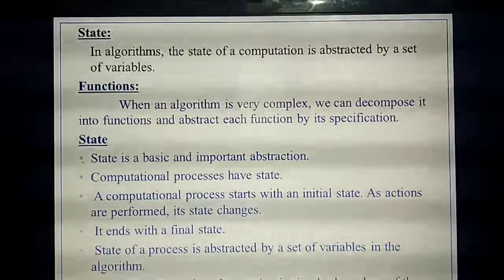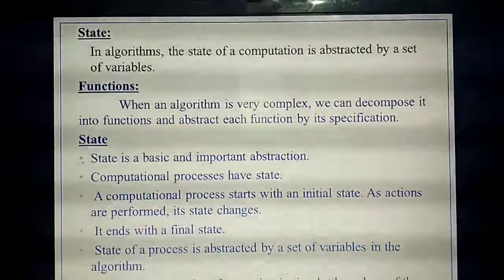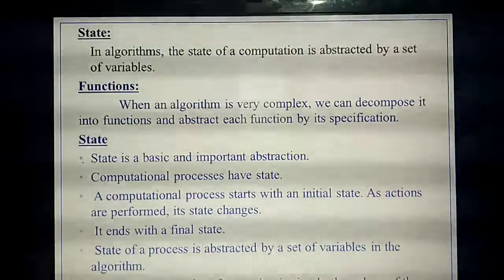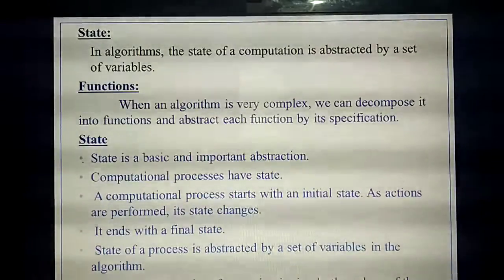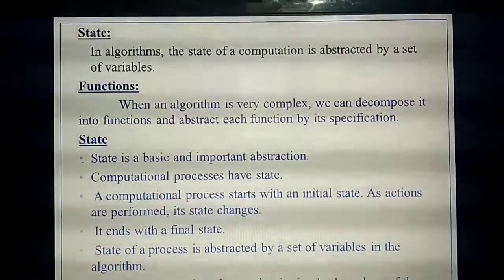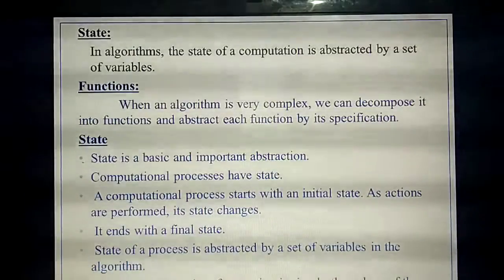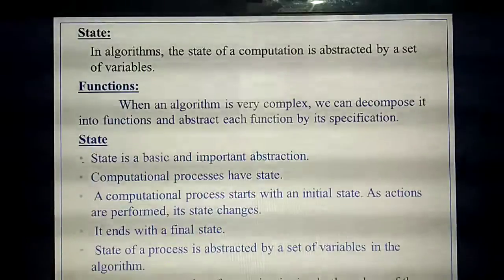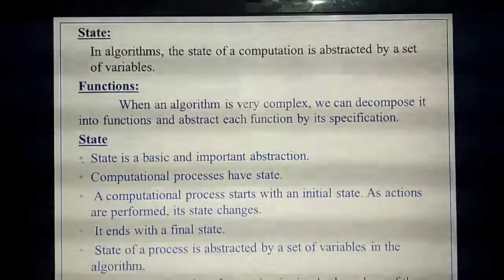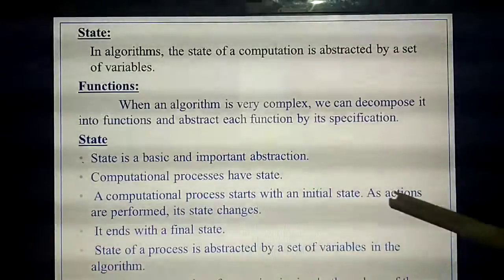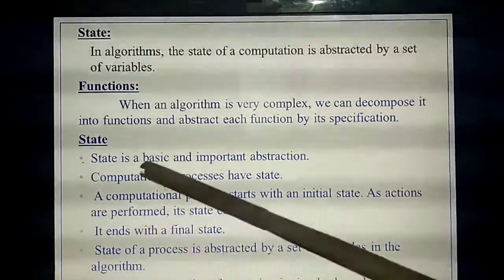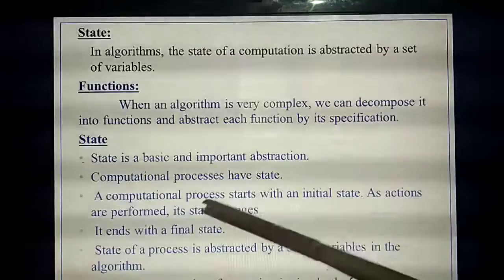Understand? The first input you are giving, that state we are calling an initial state. Then you are performing some actions or calculations. What's the calculation? A plus b. What's the answer you are getting? 15. So finally you will get some answer. That we are calling which state? Final state. Now read it. As the actions are performed, that means calculations you are doing, at that time the state changes.